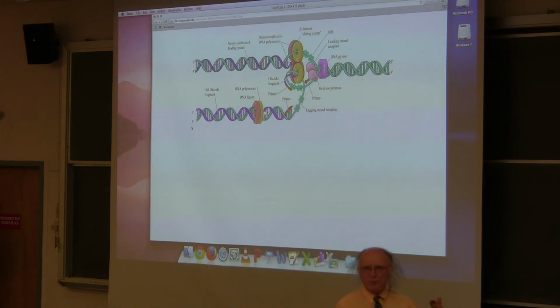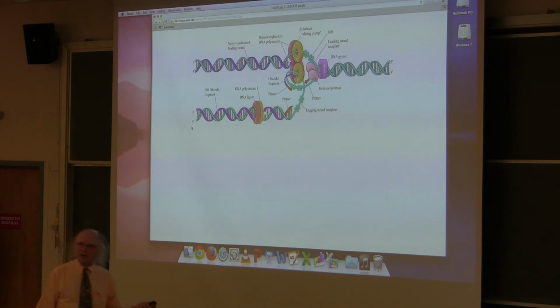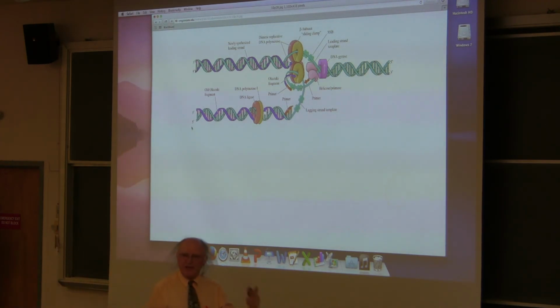The strands are pulled apart by an enzyme called a helicase. The job of the helicase is to keep pulling strands apart ahead of the DNA polymerase so the DNA polymerase doesn't get slowed down. I told you that the DNA polymerase was moving at the rate of 1,000 nucleotides a second.